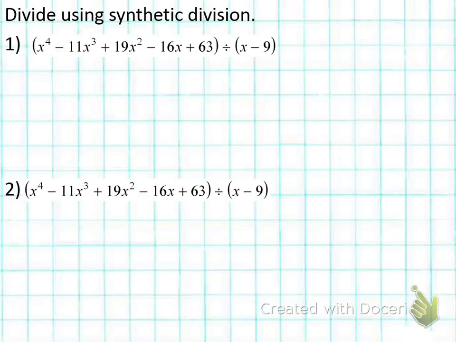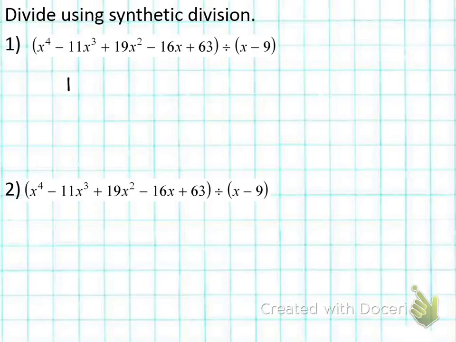Here we go, number 1. Whenever I'm noticing that I have a long division problem, and I look at my divisor and there's a leading coefficient of 1x, not 5x but 1x, then I can use synthetic division. This is how you do it, so watch carefully. You take the biggest exponent, here we have x to the fourth, and ask yourself, what's the coefficient in front of x to the fourth?